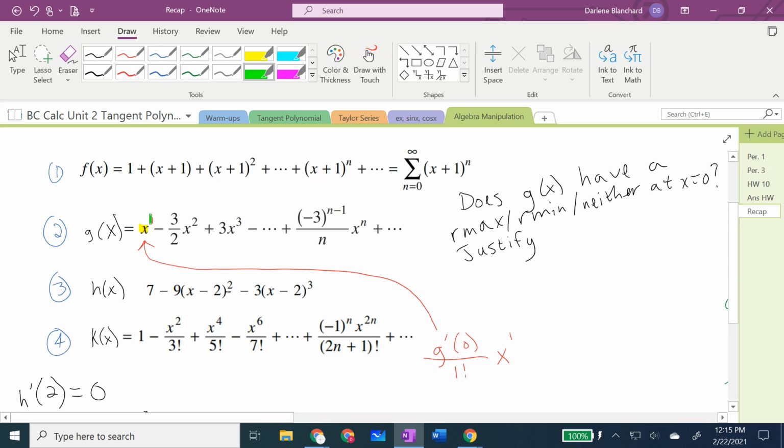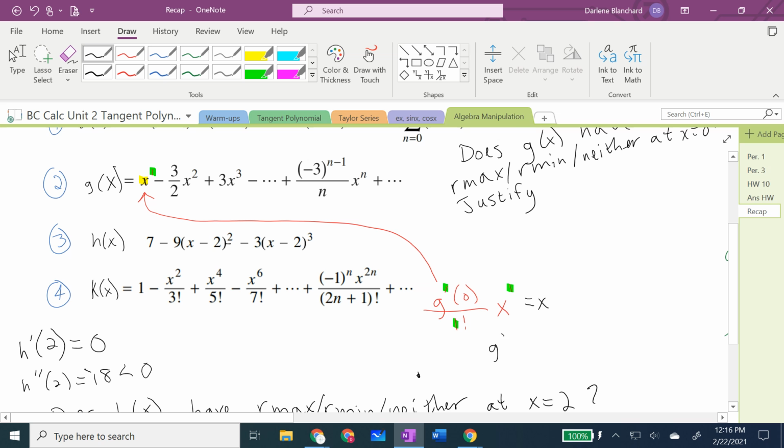So when I have the understanding that that x is x to the 1 power, and I match it to the Taylor formula when n is equal to 1, then these must be equal.